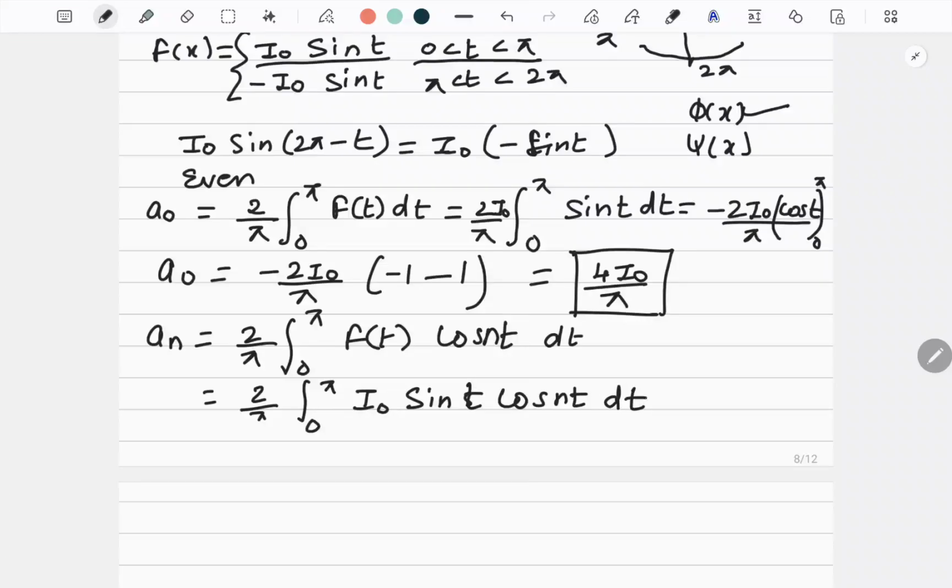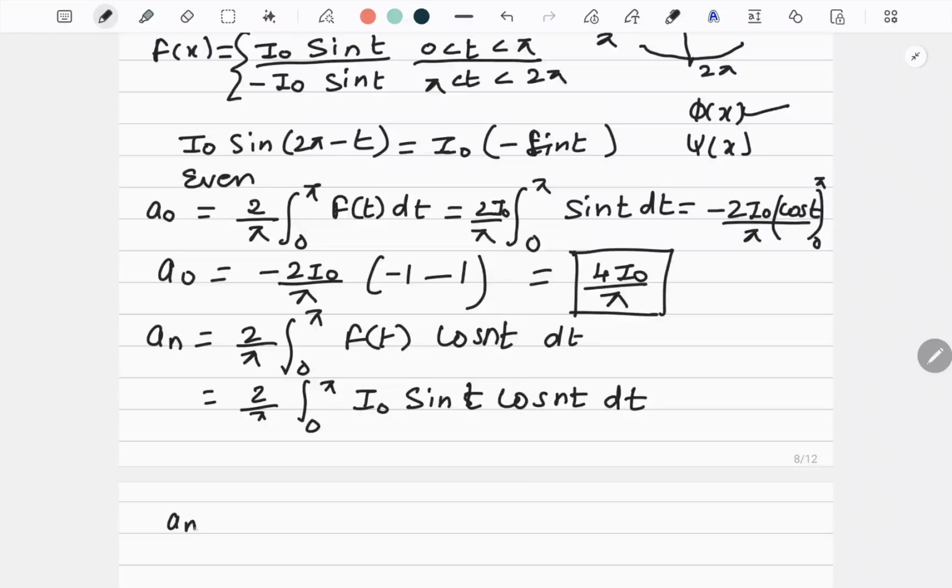Now this type of question troubles students because of the formula. So you have to apply the formula here, and I have already given you all the formulas. Here you have to apply the formula of sin A cos B.